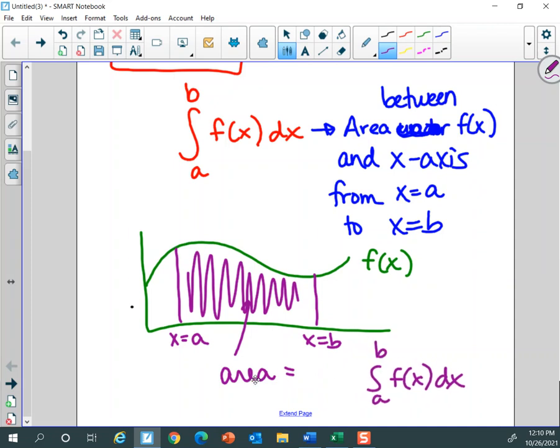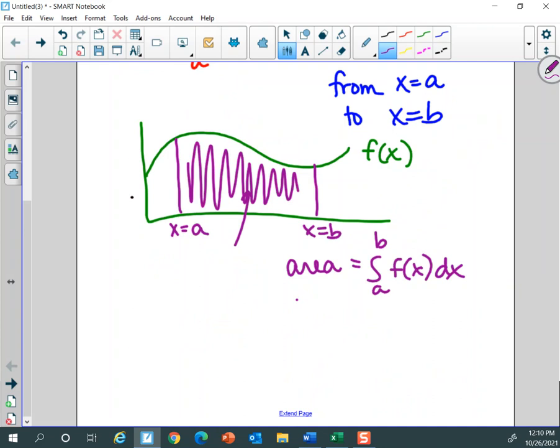Now, what we talked about in lesson 13 was a tool for estimating the area. We would fill this up with rectangles using certain rules, using the left height or the right height, or we might do trapezoids, and that was a tool for estimating areas. What we're doing today is we're going to calculate areas.